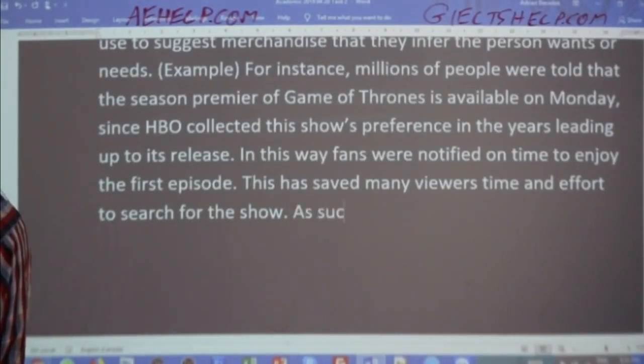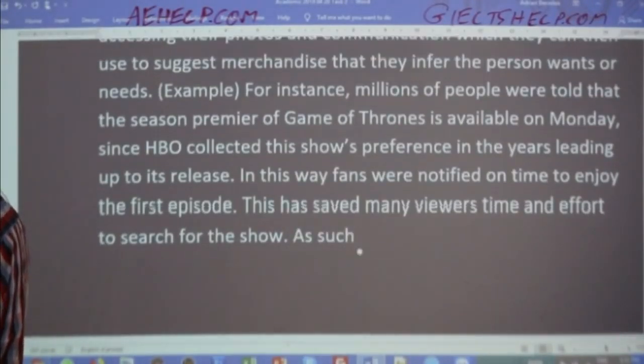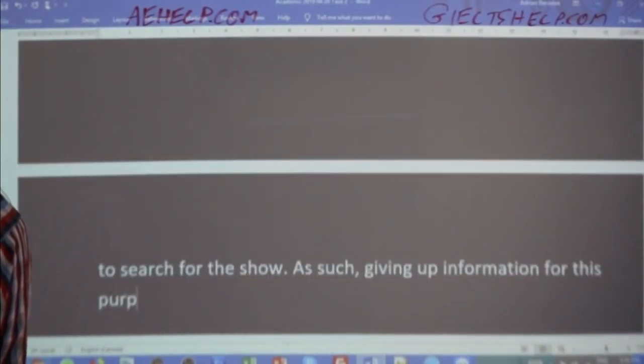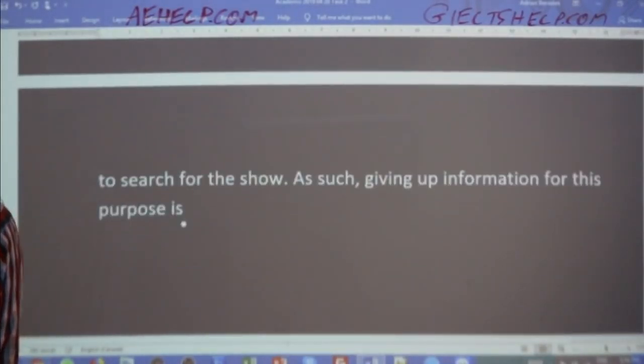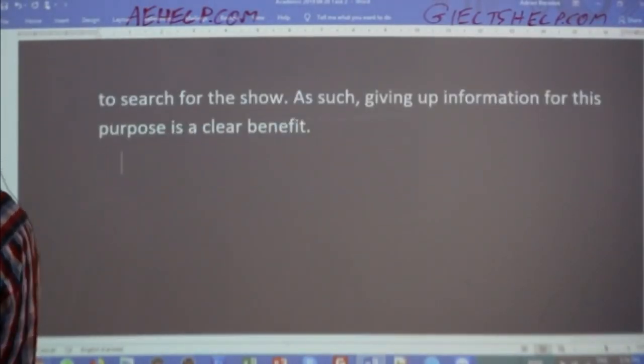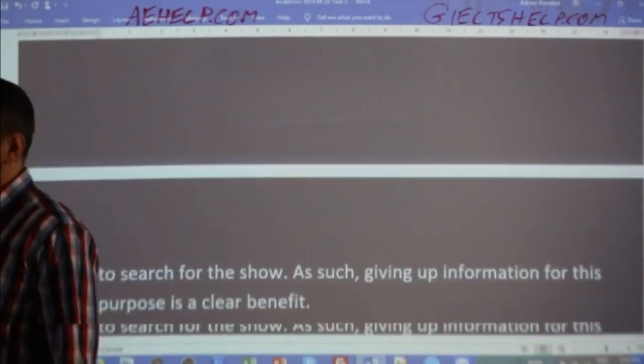As such, giving up information for this purpose is a clear benefit. Okay, and then we move on to body paragraph 2, which is structured the same way.